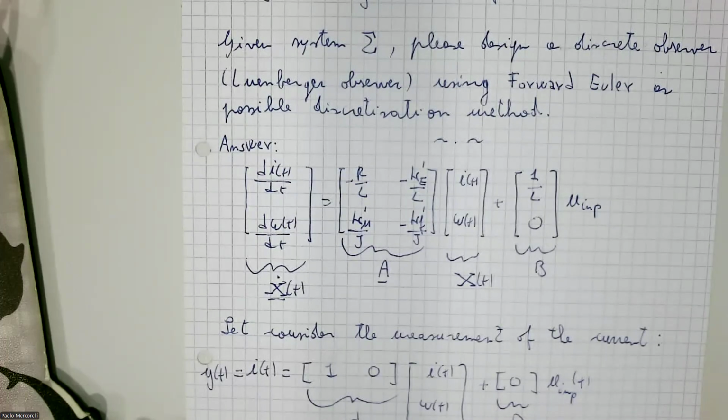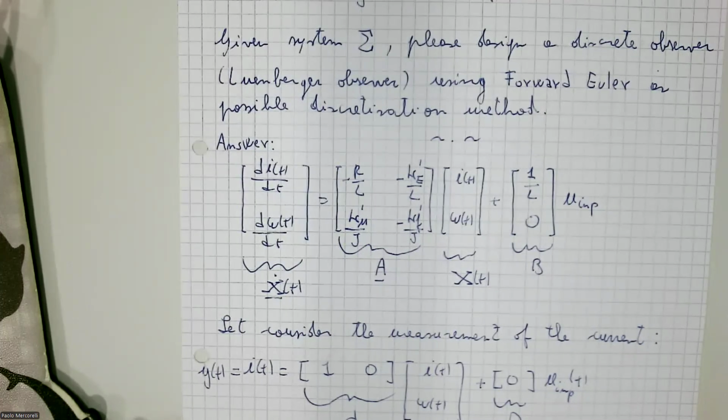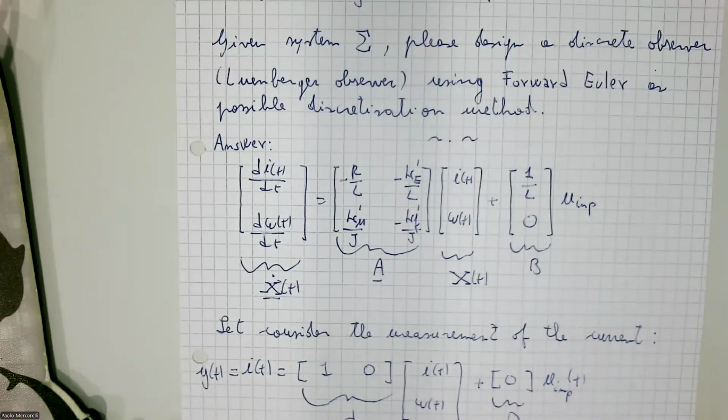Now, more difficult. Assuming that I don't have the sensor of omega, but I have the sensor in terms of current. I can measure the voltage in input. This is always possible because if the system is controlled, the voltage is somehow possible to get from the microcontroller.